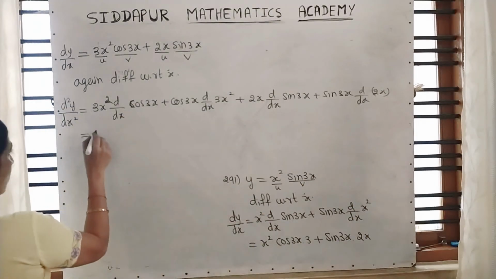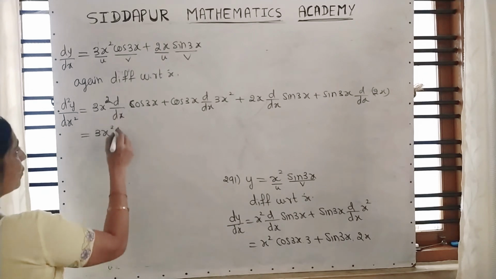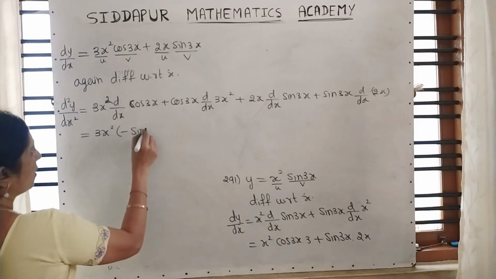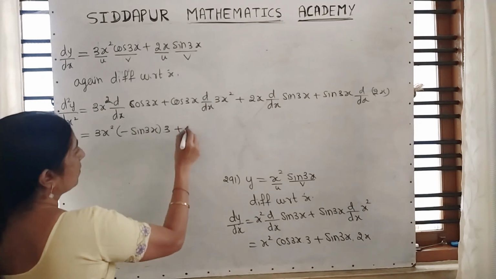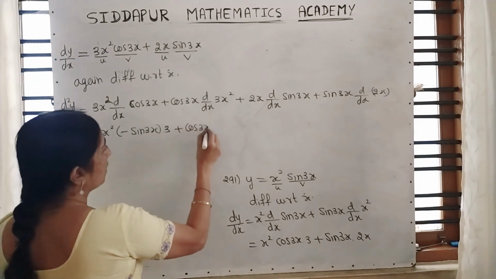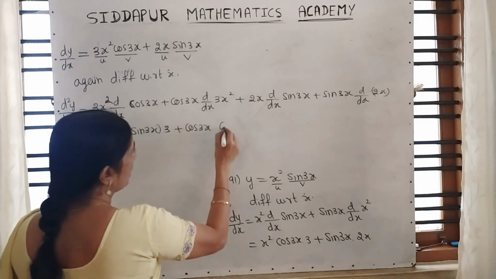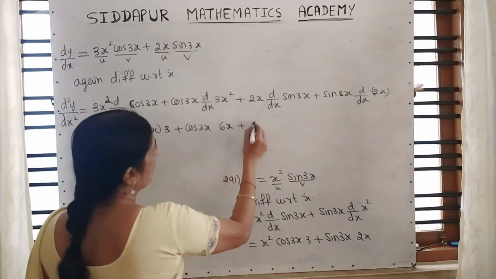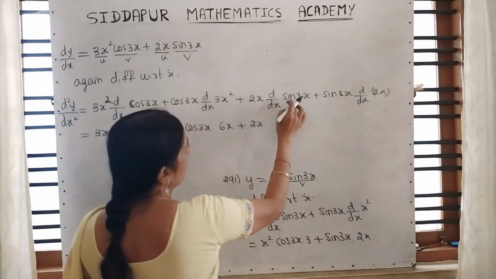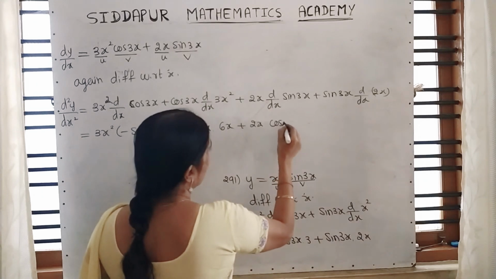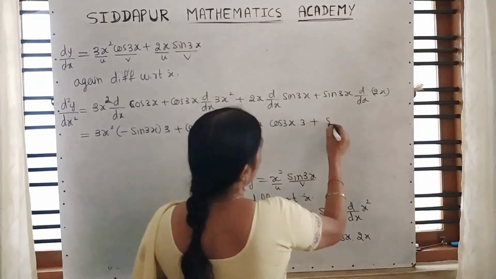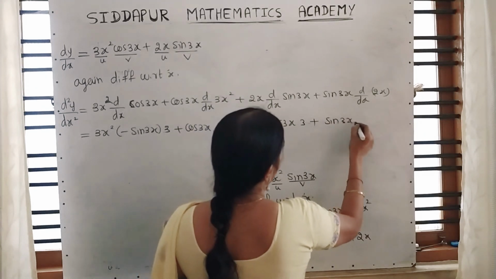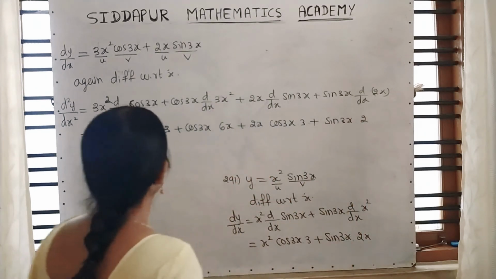See, 3x square as it is, differentiation of cos 3x is minus sin 3x into 3 plus cos 3x as it is, differentiation of 3x square is 6x plus 2x as it is, differentiation of sin 3x is cos 3x into 3 plus sin 3x as it is, differentiation of 2x is 2.